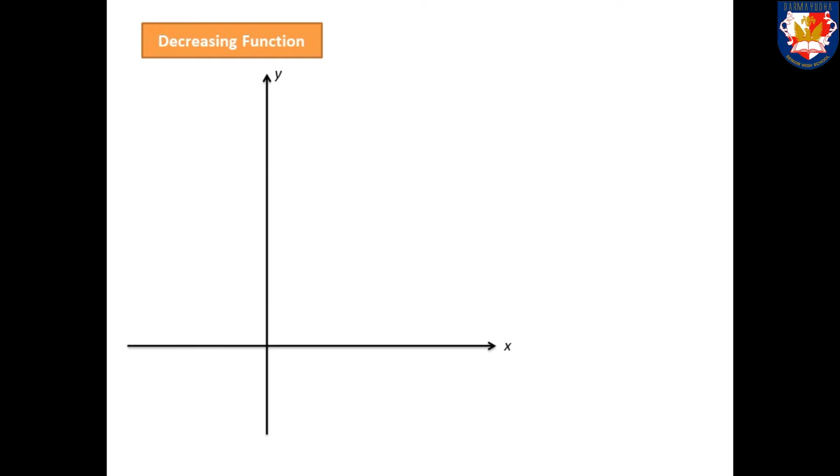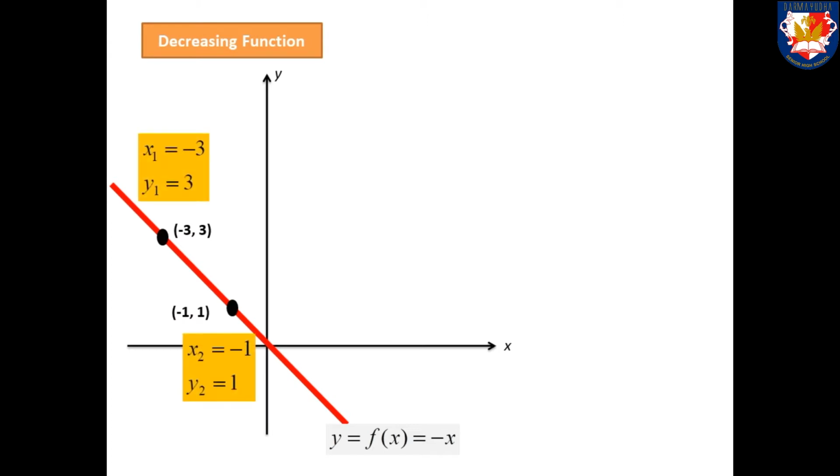Let's have the other example for a decreasing function. This is the diagram of y equals f(x) equals minus x. Take 2 points on the graph. The first one is (minus 3, 3) and the second one is (minus 1, 1). Here we have x1 equals minus 3, y1 equals 3, x2 equals minus 1, y2 equals 1.